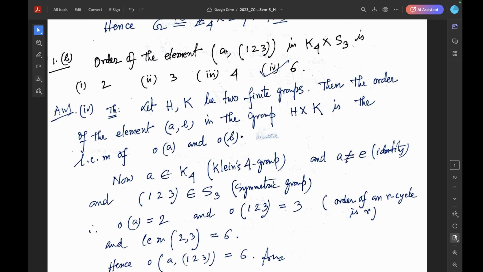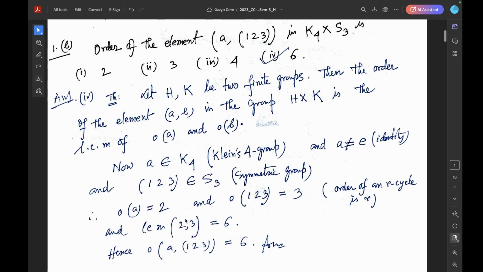Now this element a belongs to K4, the Klein 4-group, and a not equal to e, e being the identity of this K4, and the permutation (1 2 3) belongs to symmetric group S3.